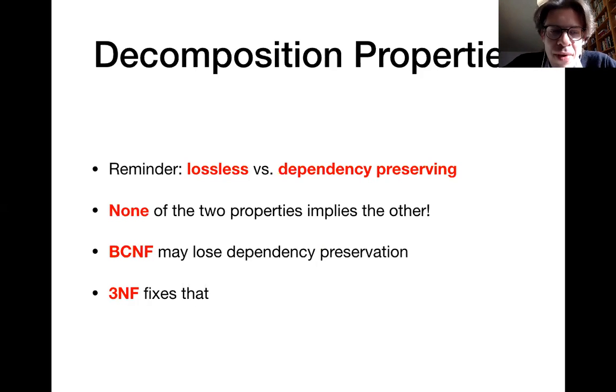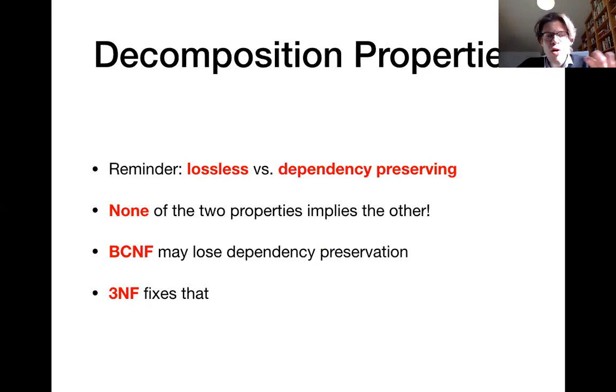Boyce-Codd normal form may lose dependency preservation, while it, on the other side, removes any redundancy. The third normal form preserves dependencies, and under that constraint, it tries to get rid of as much redundancy as possible, basically.